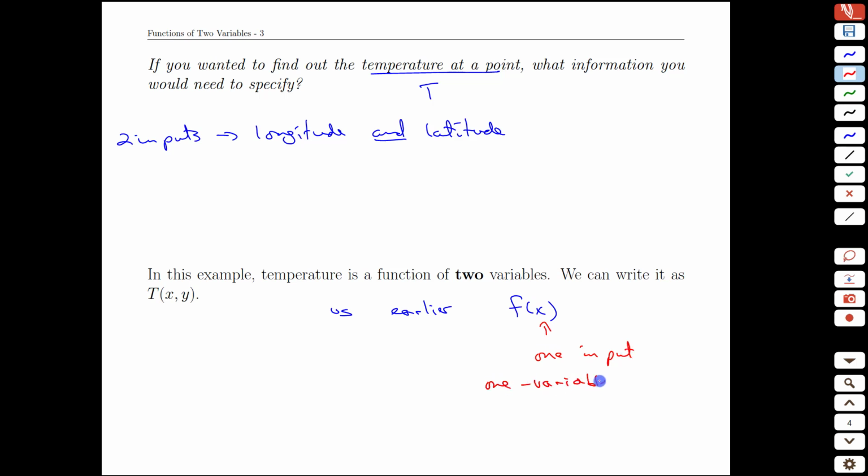When we talk about variables, we're talking about the inputs for the function. Whereas what we've just created is now a two variable function. And what we're going to see is how calculus has to get extended or modified from what we've seen earlier to apply to this new kind of function.